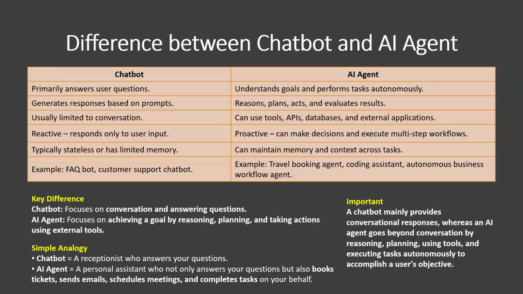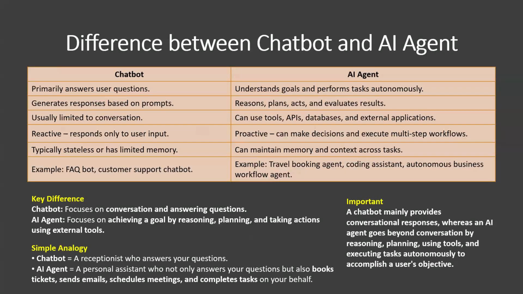The key difference between a chatbot and an AI agent is that a chatbot focuses only on conversation and answering questions, while an AI agent focuses on achieving a goal by reasoning, planning, and taking actions using external tools.